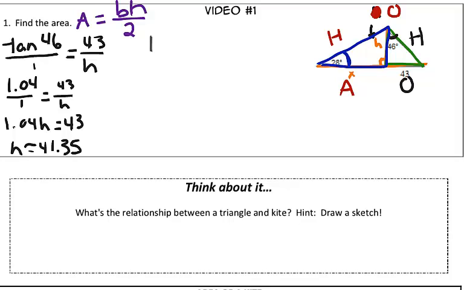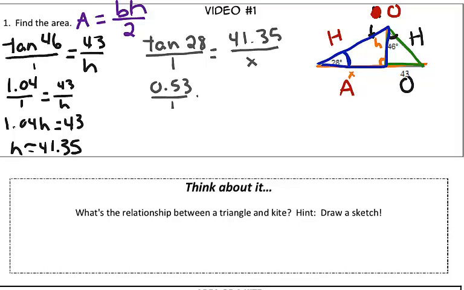So we have the opposite and adjacent, so that again is tangent. So tangent of 28 degrees over 1 is equal to opposite, which we just solved for, 41.35 over x, what we're trying to solve for. When we find the tangent of 28 degrees in our calculator, we get approximately 0.53.